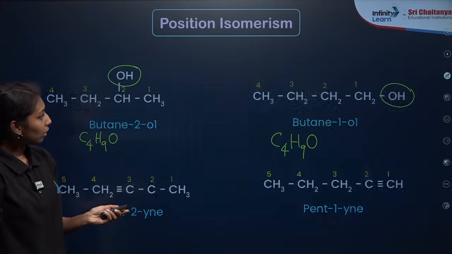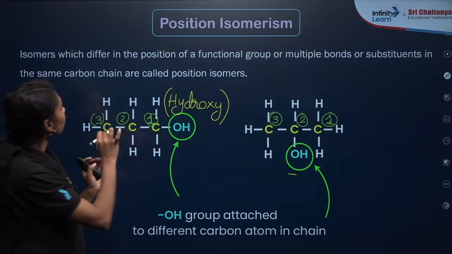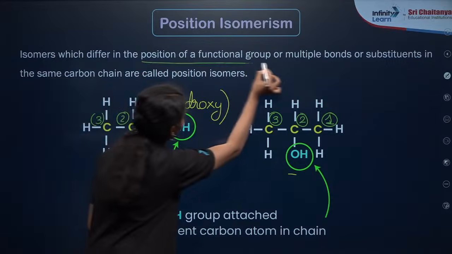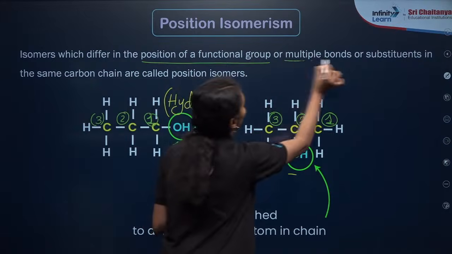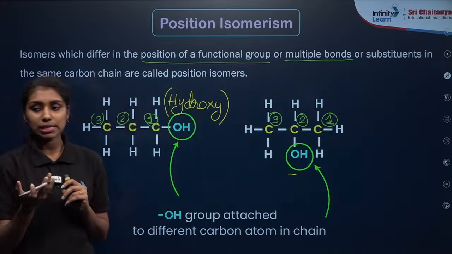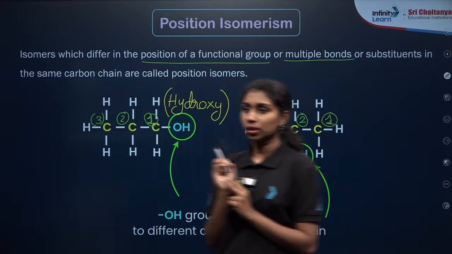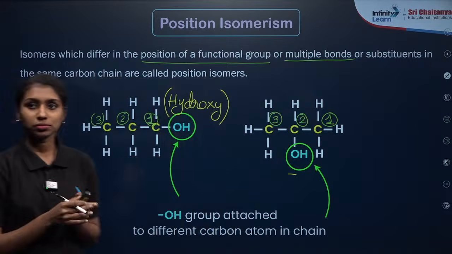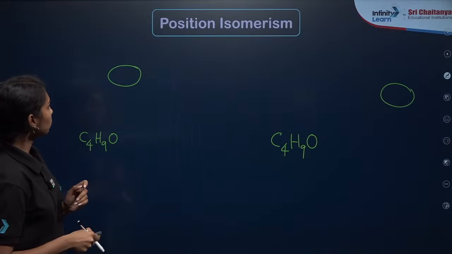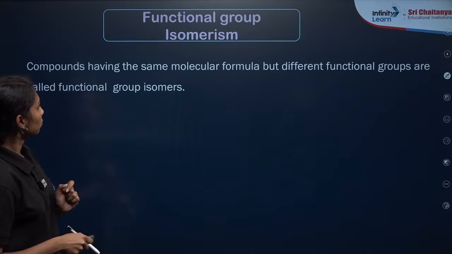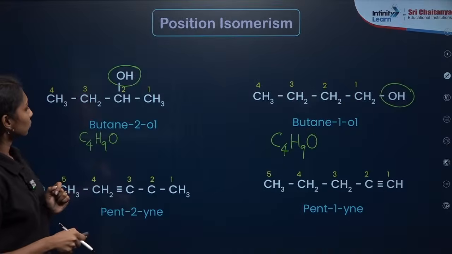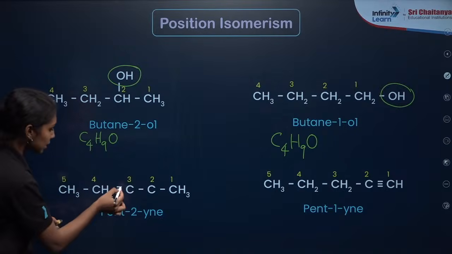In the definition we have given that it must have a change in the position of either a functional group or the multiple bonds. Multiple bonds means it can be a single bond, double bond or triple bond. So here in this case this is a triple bond, right?